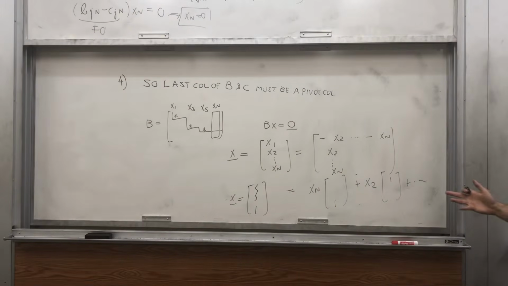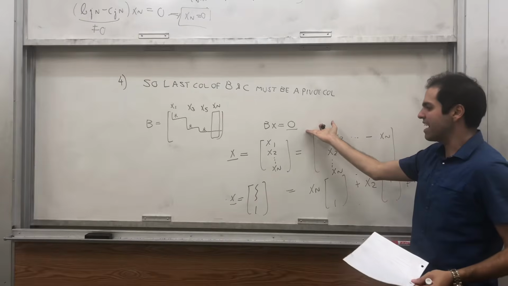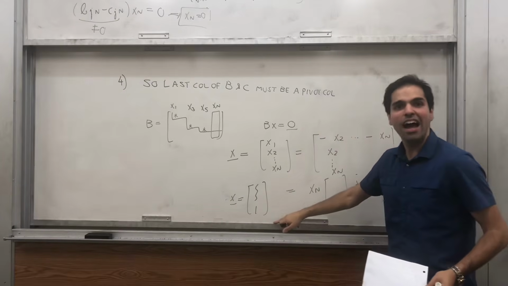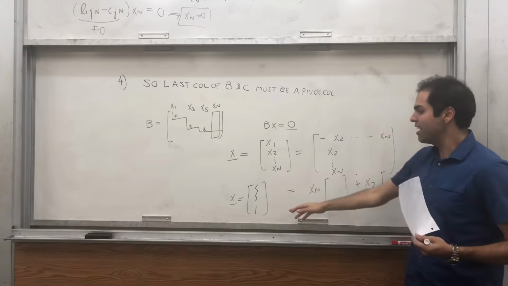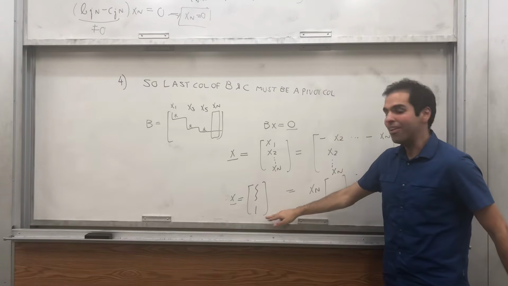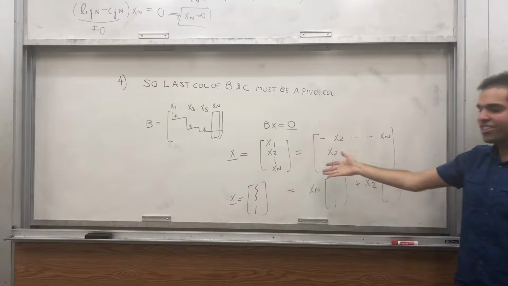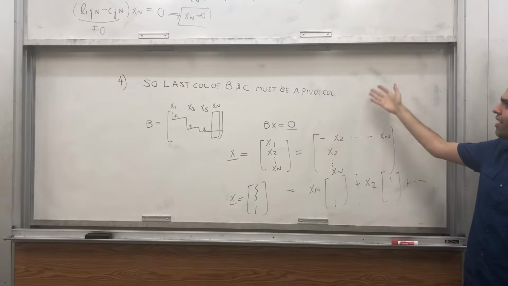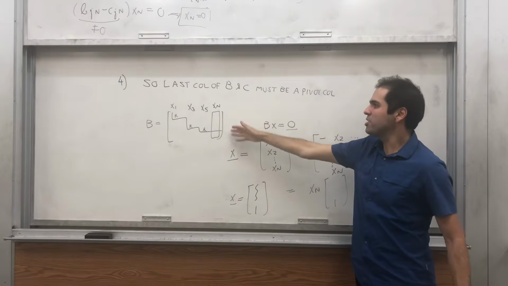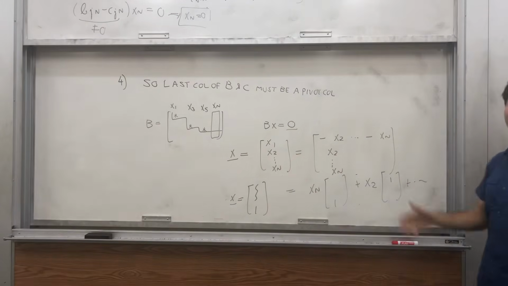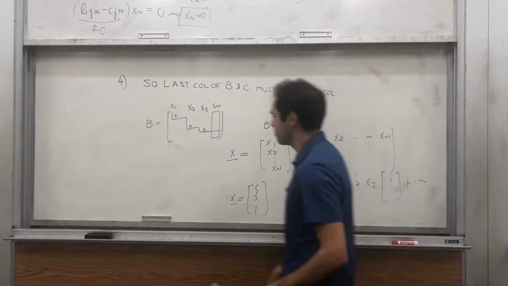But we just said that any solution of Bx equals 0 has to have last coordinate 0. That's why we get a contradiction with the assumption that it's not a pivot column, which means the last column actually has to be a pivot column.